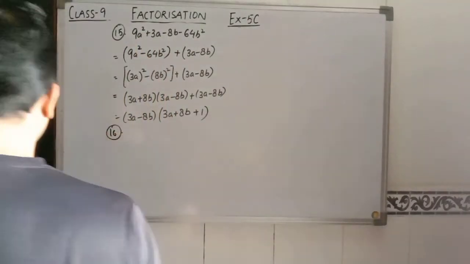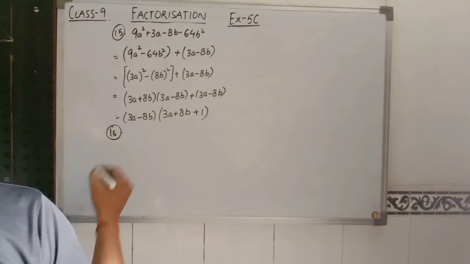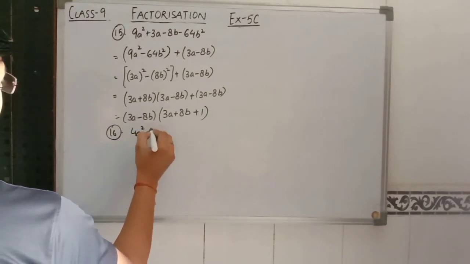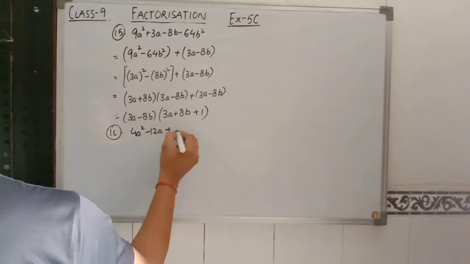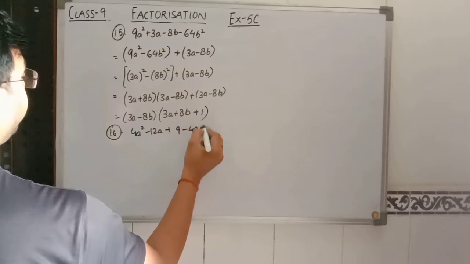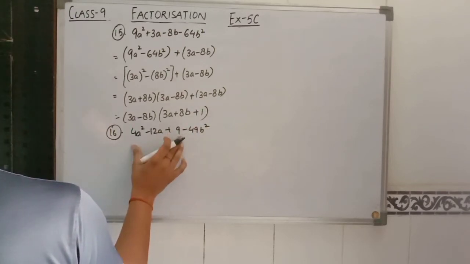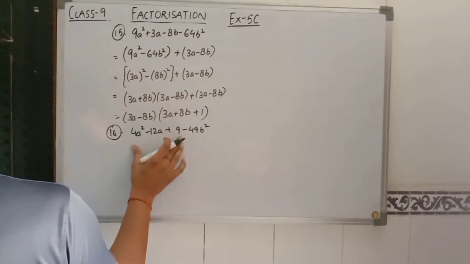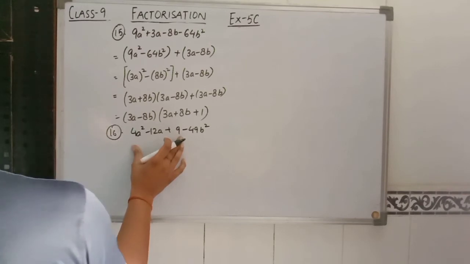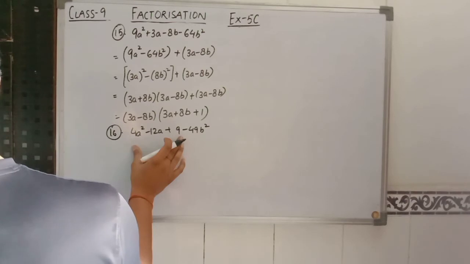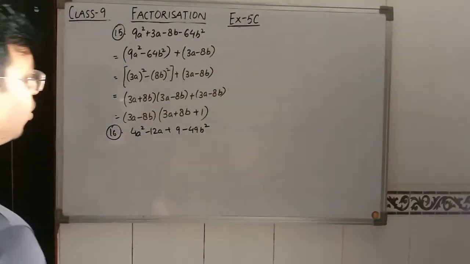Now we are coming to question number 16. It is saying that 4a square minus 12a plus 9 minus 49b square. I hope this question, question number 16, is repeating. Yes, question number 14 and question number 16, I think I have told you.